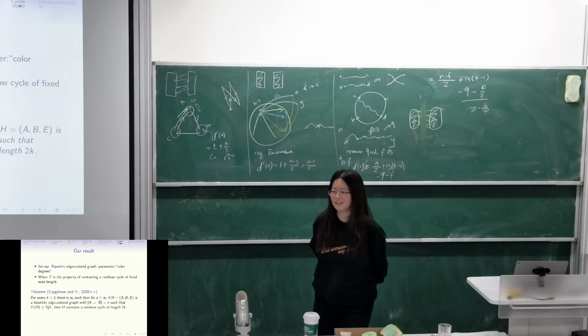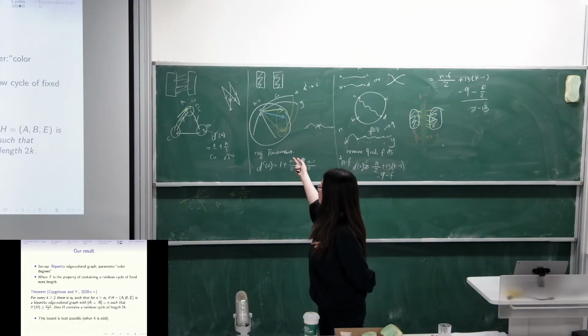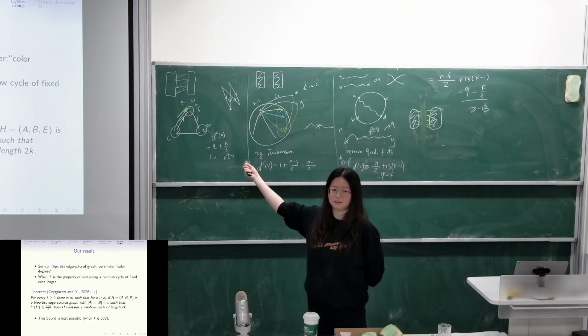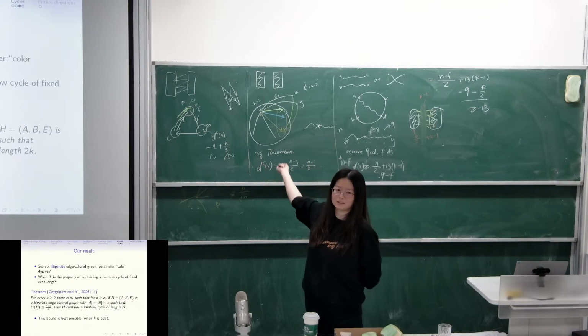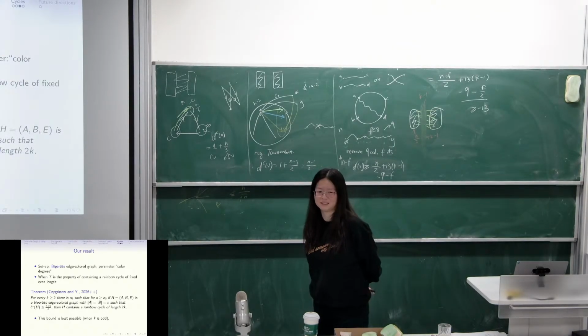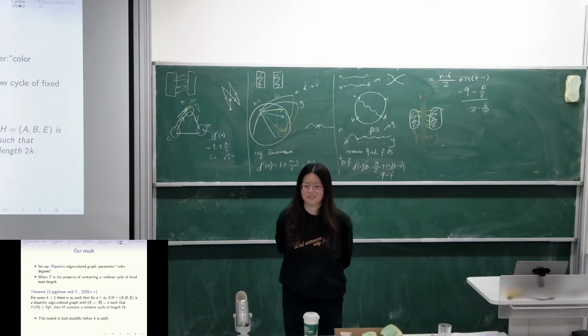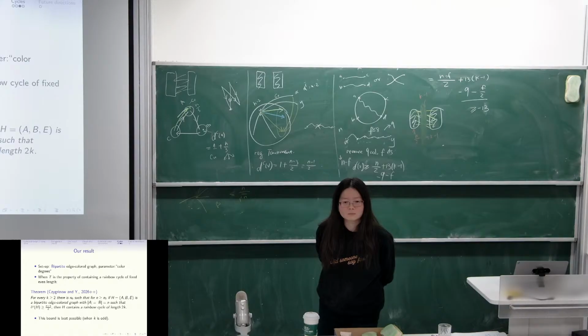I'm not sure. But here, everything we are working on is local. We always go from a bad vertex to good vertices, and we ignore the other bad vertices.